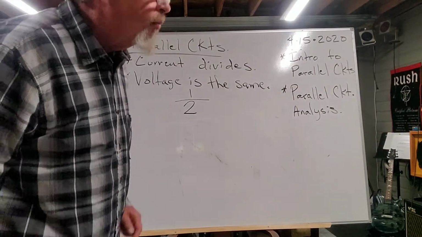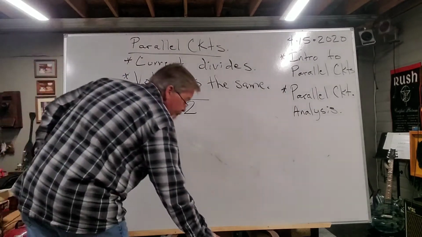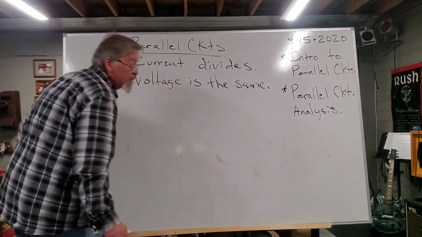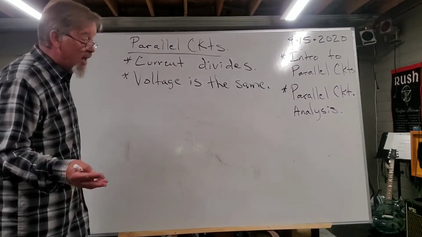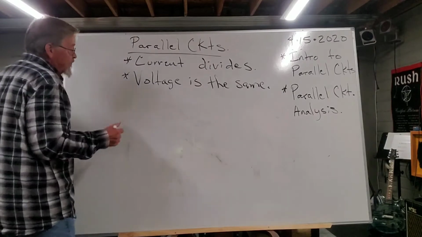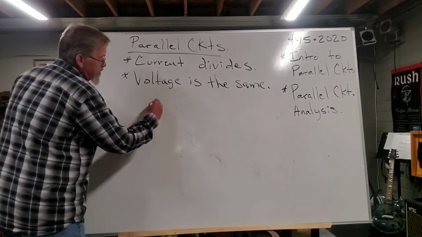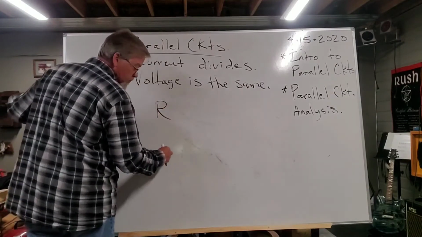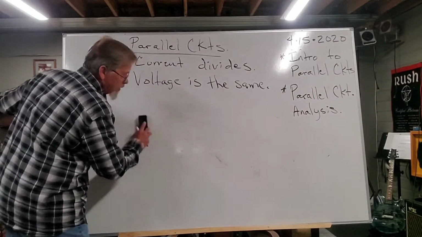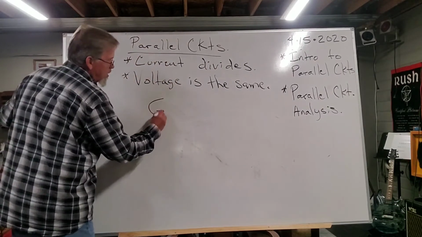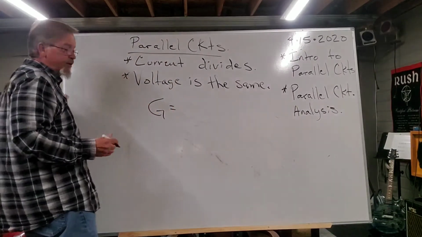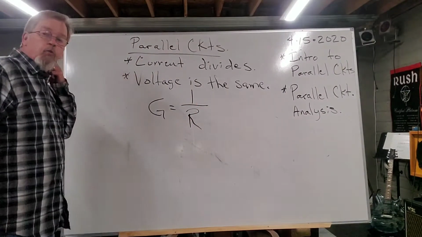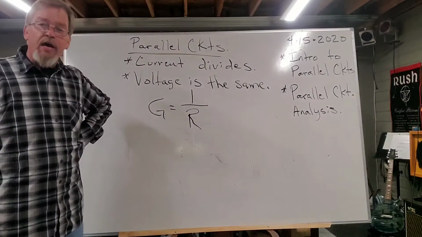Now, to find the opposite mathematically, we invert it. So the same applies to the actual resistance. If I want to find the conductance and I have the resistance value, all I'm going to do is 1 over that resistance value.